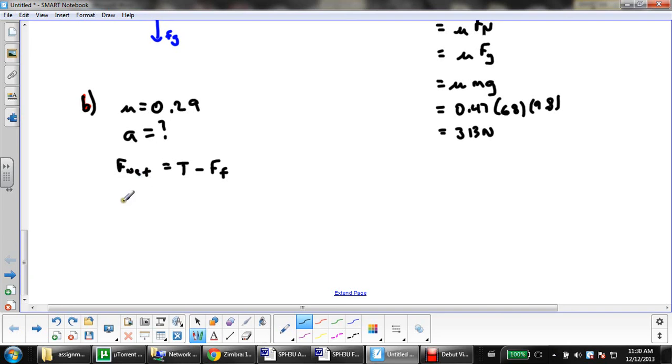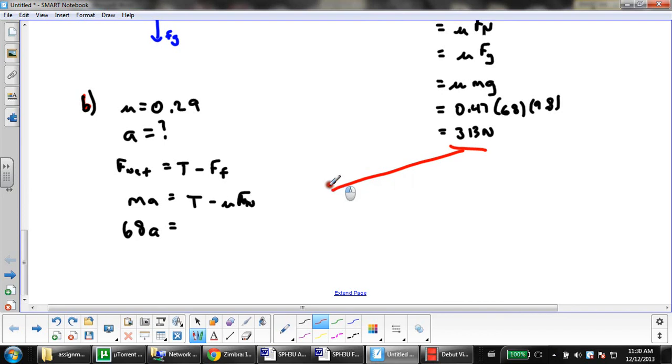And then in the next line, whenever we're doing these questions, I replace F net with ma equals T minus mu Fn, and then I'm going to put 68 as the mass, a equals, I'm still pulling with this force, right? 313 minus 0.29.